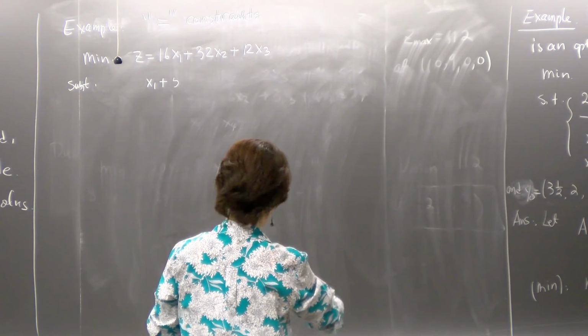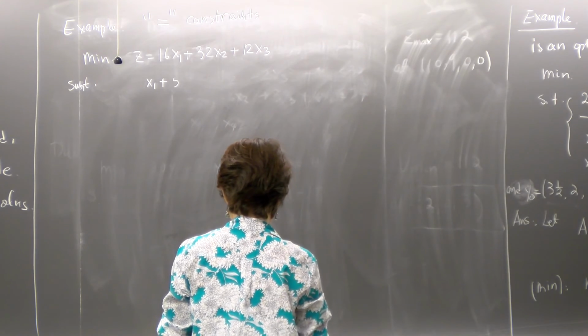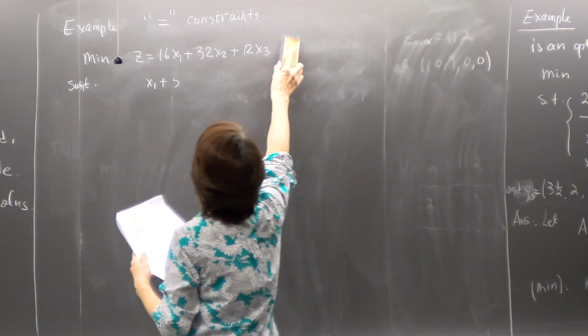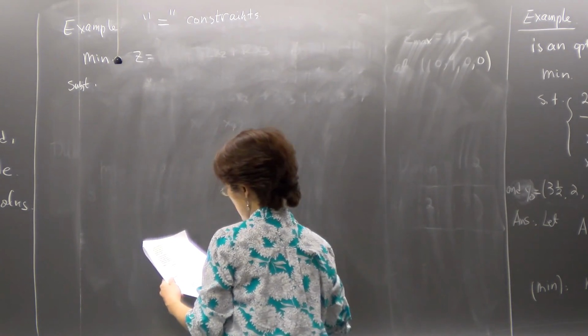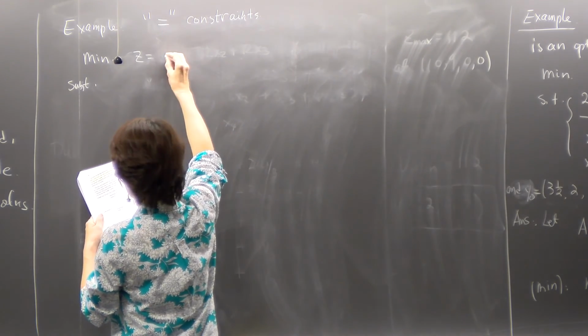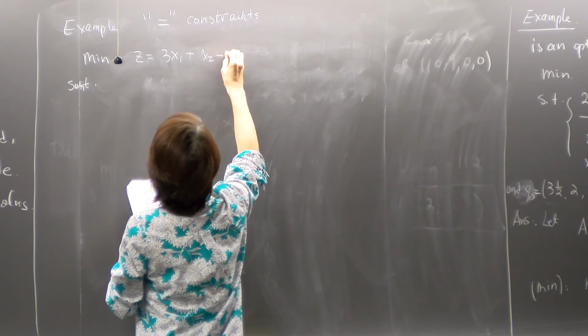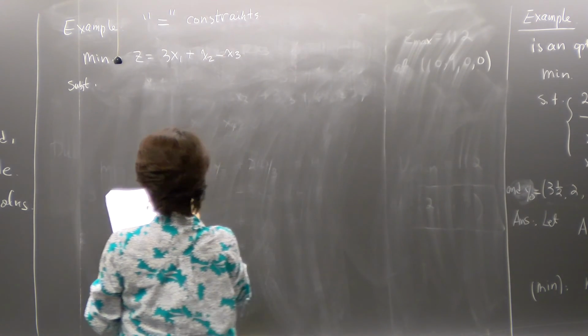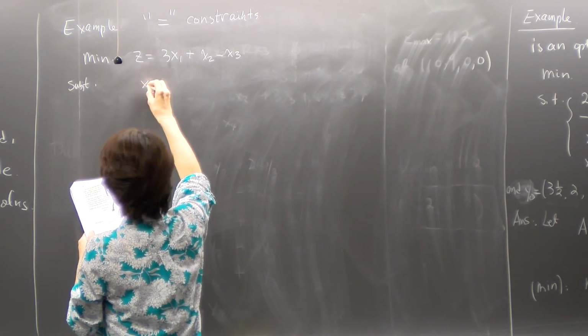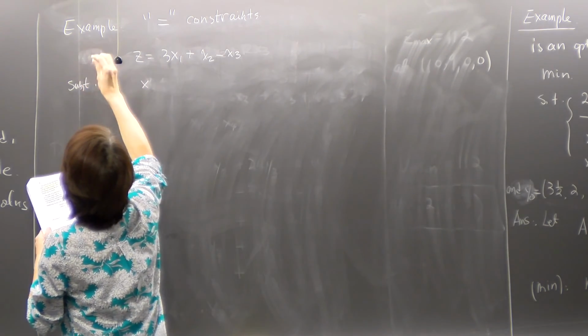Wait a second, that was not the one I wanted to do. No, that was the other one. That was a mixed one. So let's write it again. So smaller numbers. Subject to, and actually this is a max.